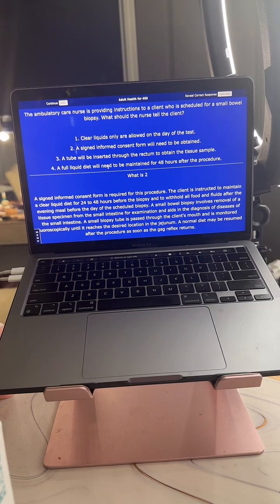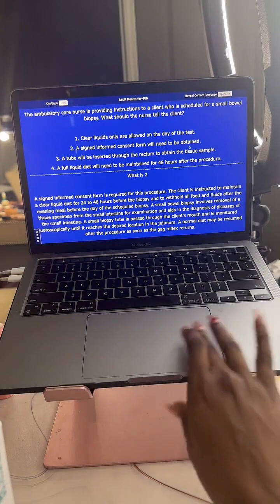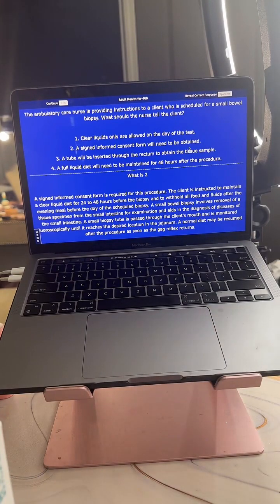A small bowel biopsy involves removal of a tissue specimen from the small intestine for examination and aids in the diagnosis of diseases of the small intestine. A small bowel biopsy tube is passed through the client's mouth and is monitored fluoroscopically until it reaches the desired location in the jejunum. A normal diet may be resumed after the procedure as soon as the gag reflex returns.